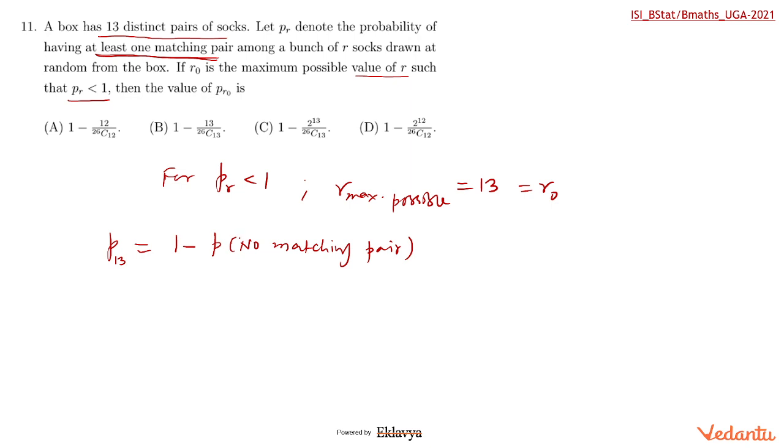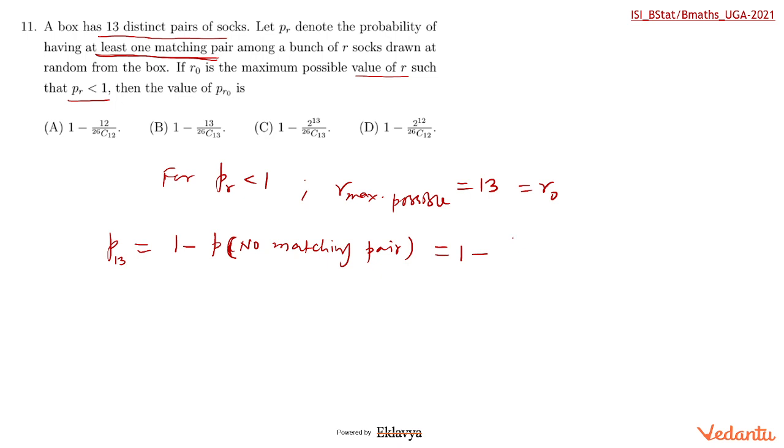And how can we find this value for no matching pair? If you draw 13 socks and no pair is matched, it means you have to pick 13 socks, and from every pair we'll take one sock. Okay?